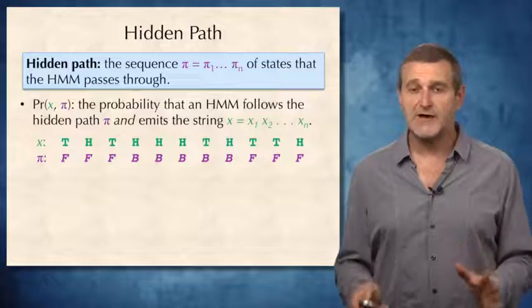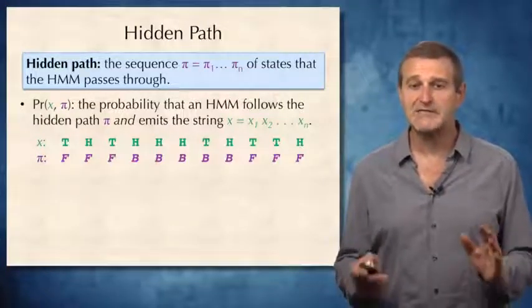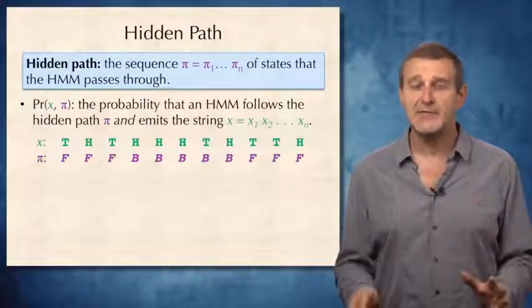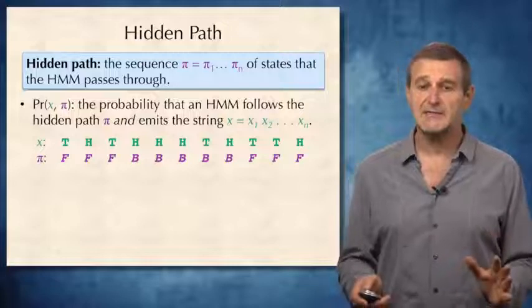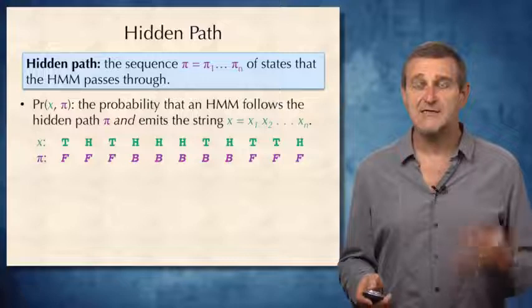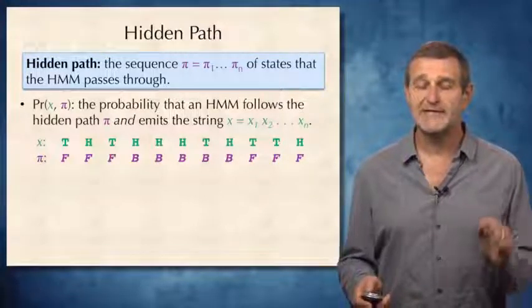We will also define the probability of x, pi, which is the probability that an HMM follows the hidden path pi and emits the string x. On this slide, you see an example of string x and hidden path pi. Our goal is to compute the probability of x, pi.